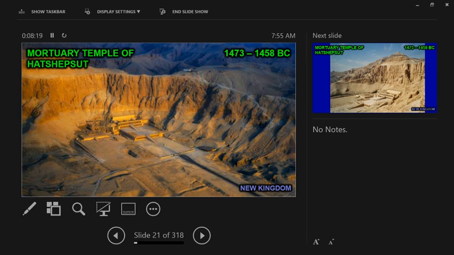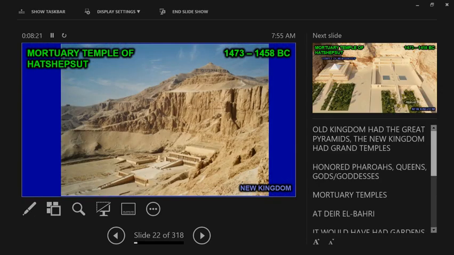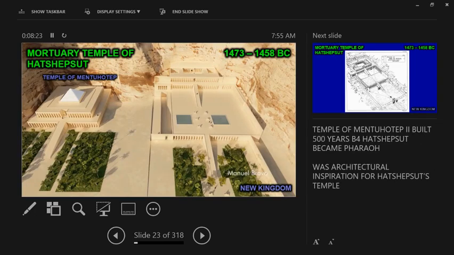All right, this is what it looks like from afar, and as we get closer to it, here's a model of it. The structure to the left, that's for a different pharaoh. We're looking at the one on the right, and this is what it would have looked like 2,000 years ago.